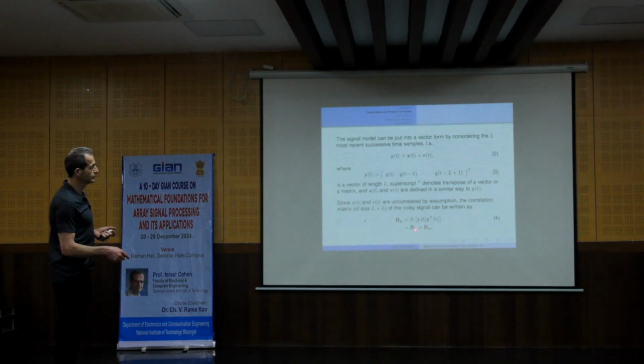It equals the correlation, because we assume that the desired signal x and the undesired interference v are uncorrelated. So the correlation matrix of the measurement is a summation of the correlation matrix for the desired signal and the correlation matrix for the interference, for the noise.